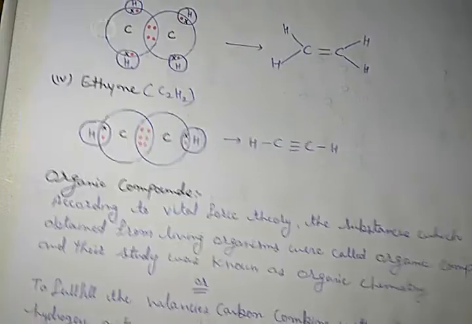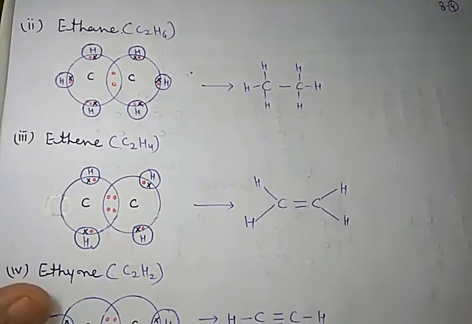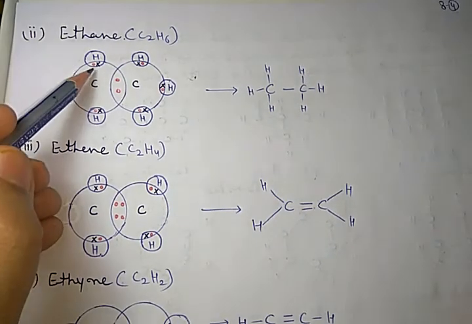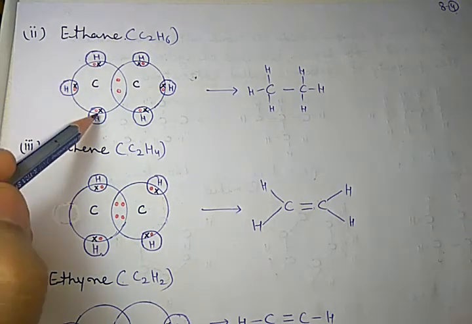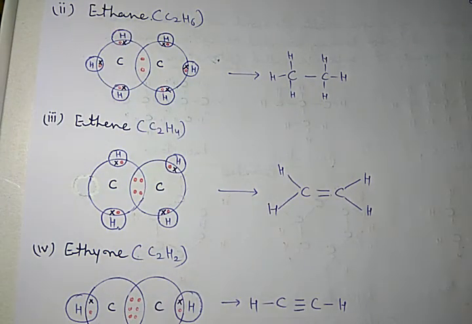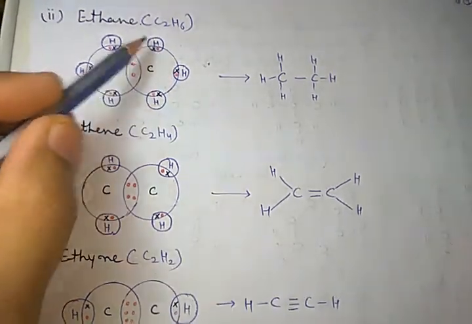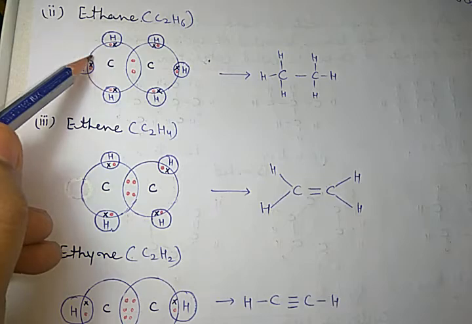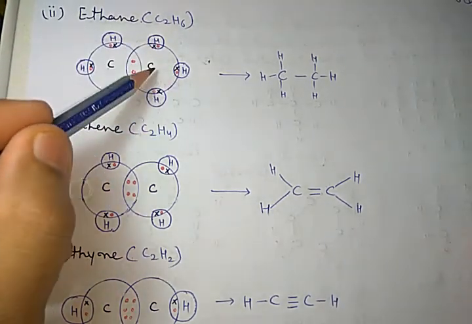Okay. Now let us discuss their electronic configuration, electronic formula. Here there are two carbon atoms, and each has three hydrogens. They make single bonds. By making these single bonds, three valencies of that carbon are satisfied, and three valencies of the other carbon are satisfied.